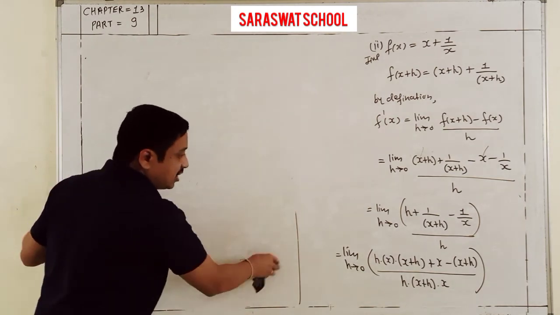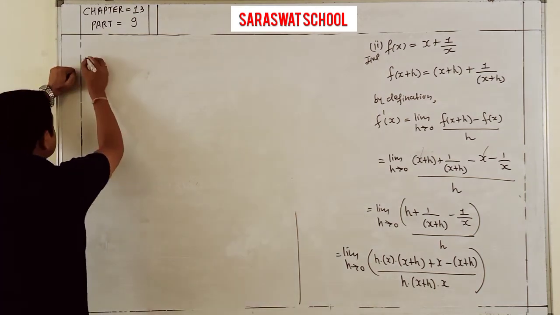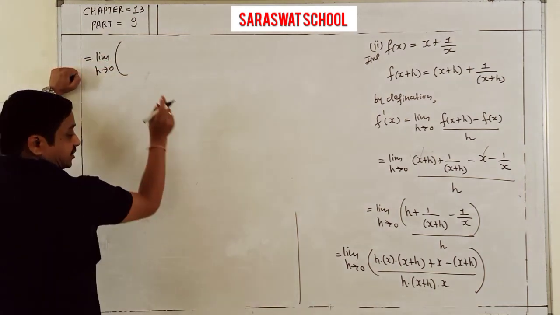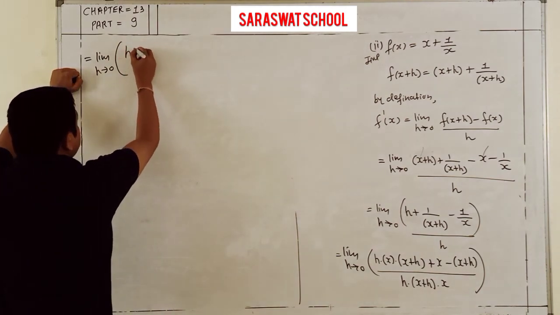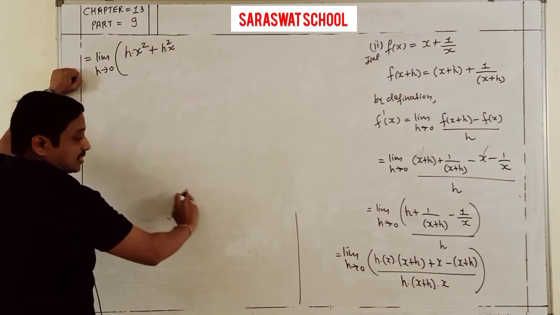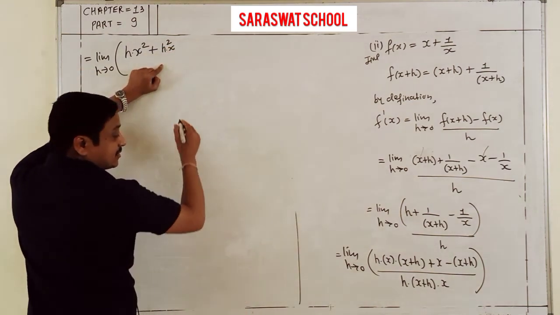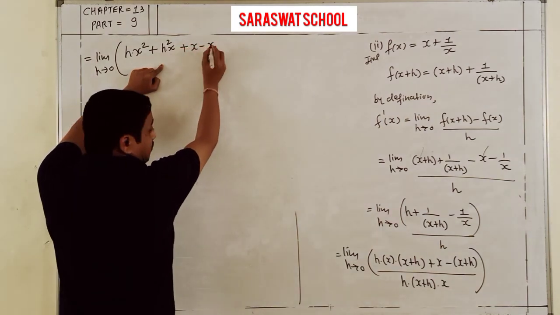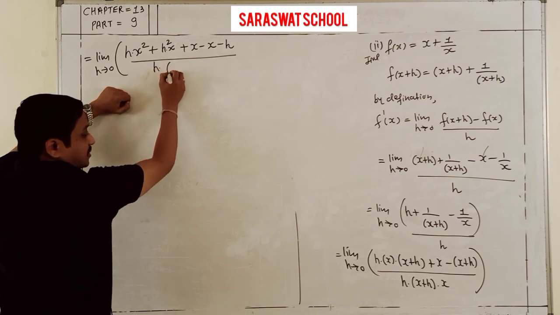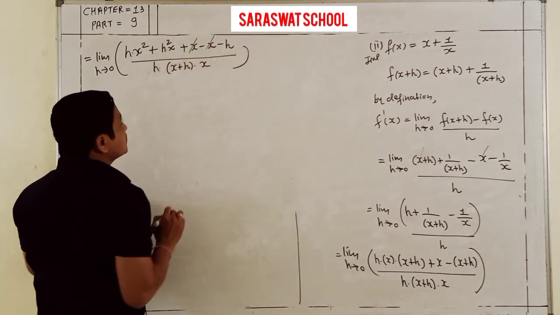I want this h to be removed somehow, so limit h tends to 0. Here hx into x, so hx square plus h square x, h and h cancel, product it, and x, h square x plus x minus x minus h, and upon same. Now students, this cancel.